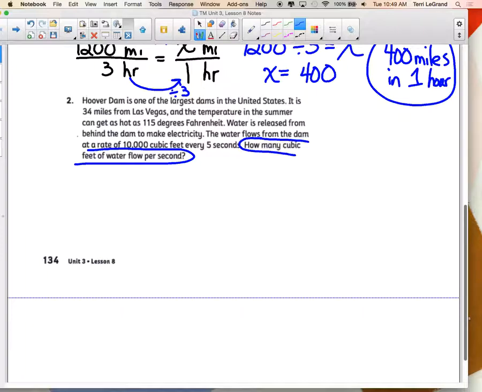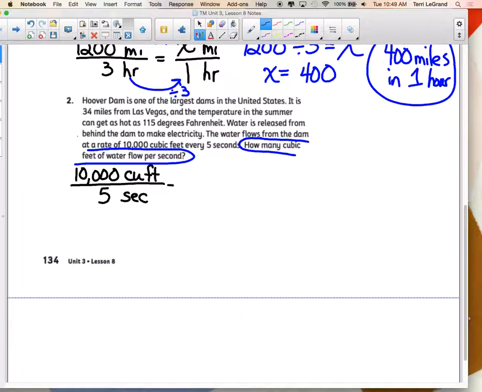Well, did they give us some information that'll help us figure that out? Yeah. What do we know? Katie? Where it says 10,000 cubic feet per 5 seconds. Okay, so let's make that into a ratio. 10,000 and cubic feet we can call CUFT. And every 5 seconds we can call SEC.